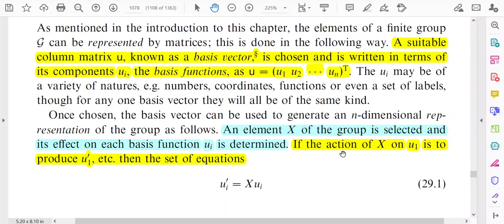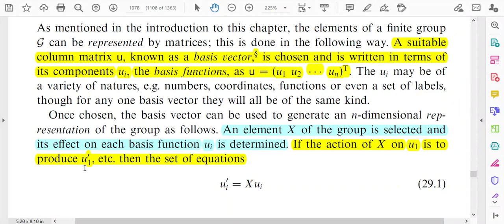For example, if the action of X on u1 is to produce u1 prime, so that X is acting on the basis functions in such a way, then when X operates on u1, we obtain u1 prime.